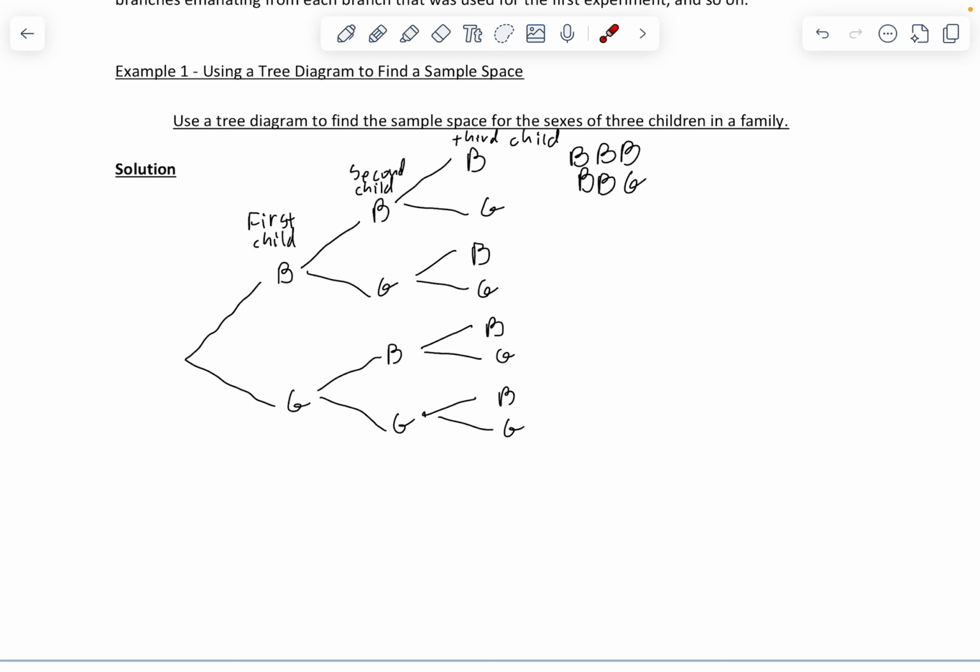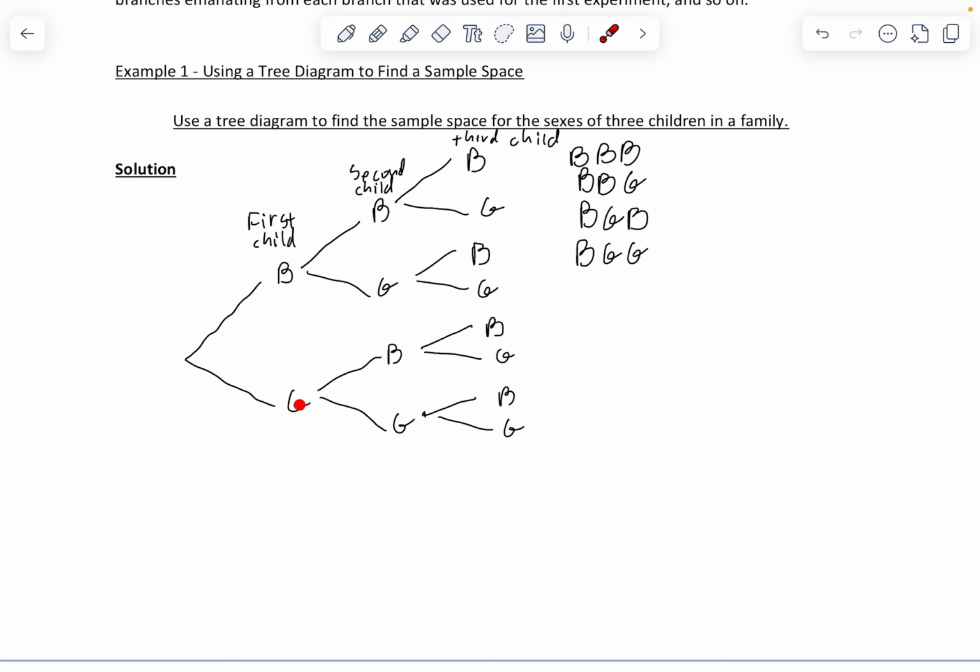Then I could have boy, girl, boy. Then I could have boy, girl, girl. All right, so these 4 possibilities are all the possible outcomes if the first child is a boy.